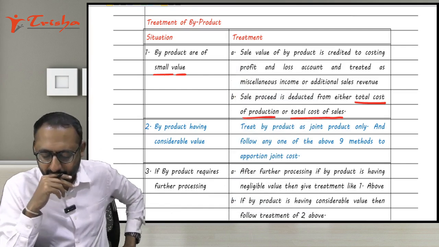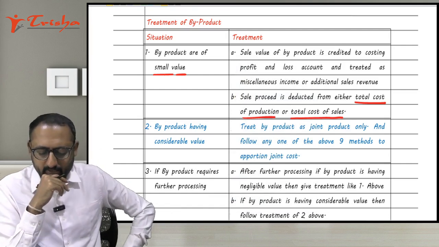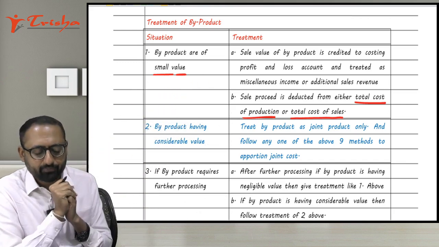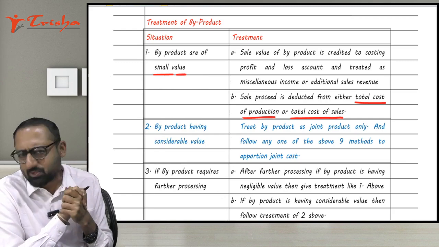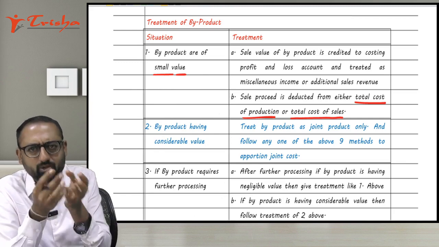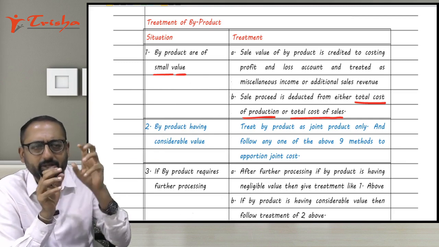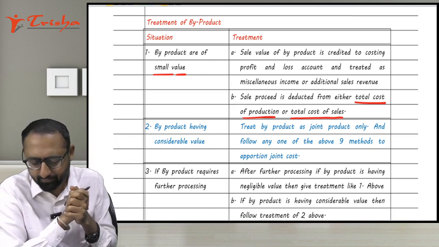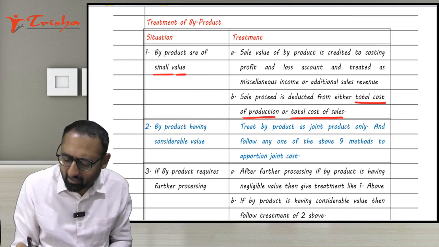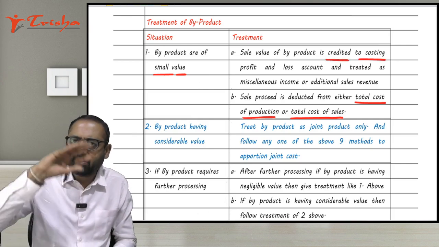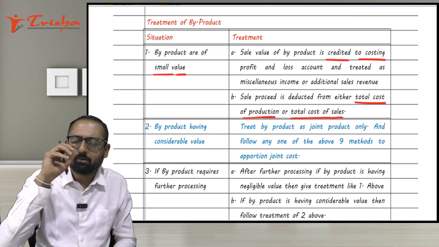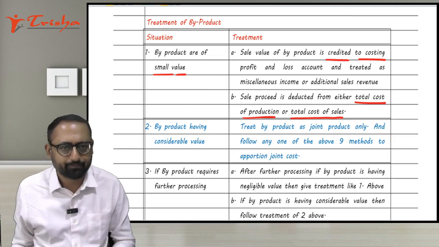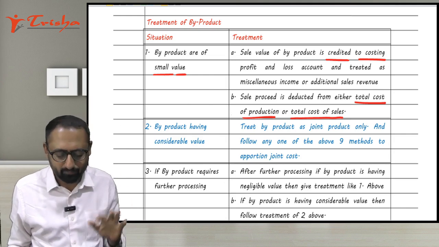If the byproduct value is very small, whatever you realize by selling it will be deducted from the total cost of production or total cost of sales. Otherwise, that income will be credited to the costing profit and loss account, written on the credit side as a miscellaneous income.